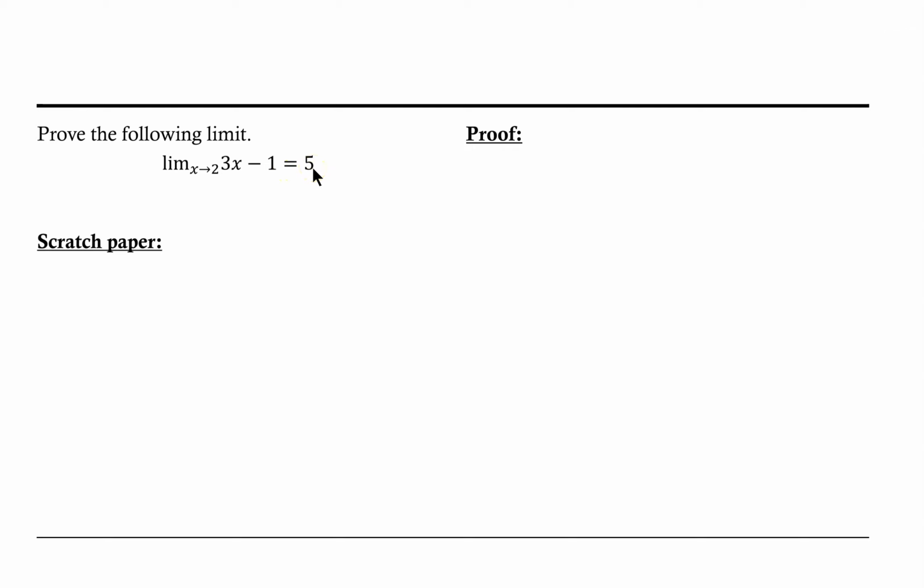So if we're going to prove this limit, the big idea is: if we are given any epsilon, can we find a delta so that the absolute value of our function, 3x minus 1, minus our limit, which is 5, is less than any epsilon, provided that we stay in an interval close enough to 2.